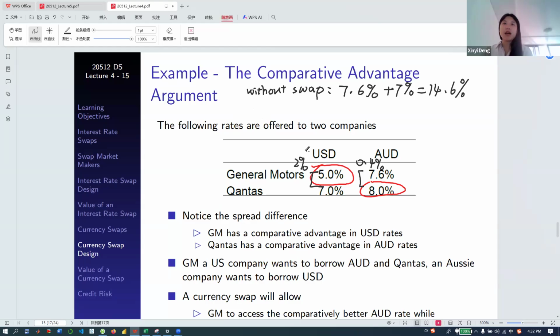Now with the swap, General Motors and Qantas are able to utilize their comparative advantage. So now General Motors is borrowing at 5%, and Qantas is borrowing at 8%.